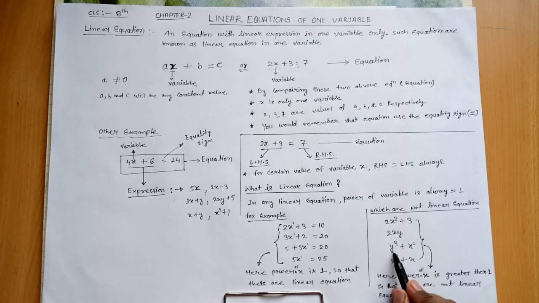Here x to the power 2 and y to the power 3, 2 variables and power greater than 1. In all of these equations you can easily observe that the power of x is greater than 1, so they are not considered linear equations.